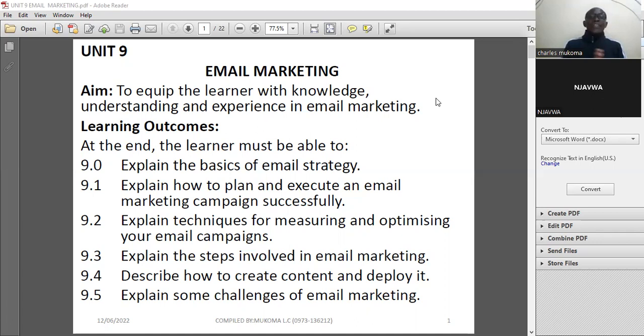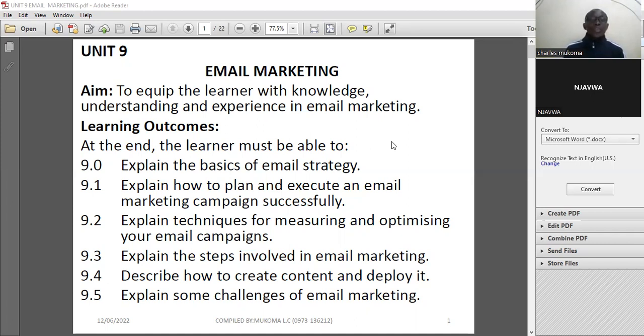We'll look at email marketing, and the last unit will be mobile marketing. Okay, so this is the second from the last unit, email marketing. So we explain the basics of email strategy.